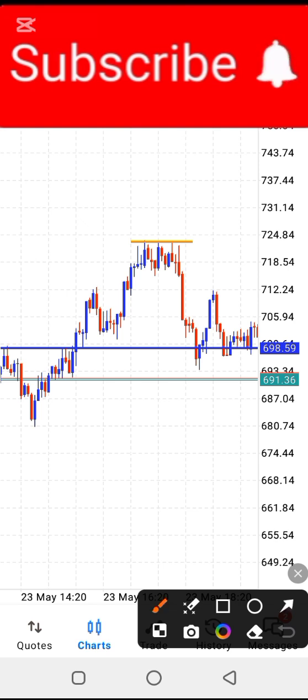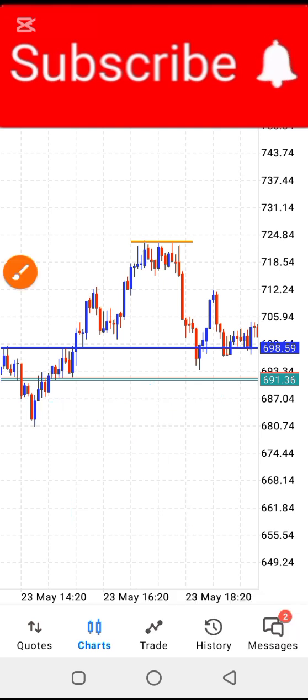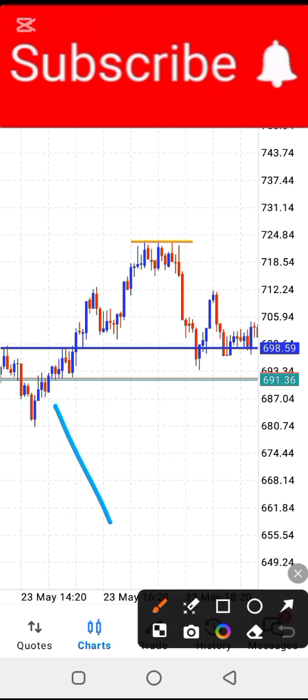The easiest way to find relative highs and relative lows is looking out for M shapes on the charts. When you have something that looks like an M, then you have a relative equal high. And when you have something that looks like a W shape, you have relative equal lows.